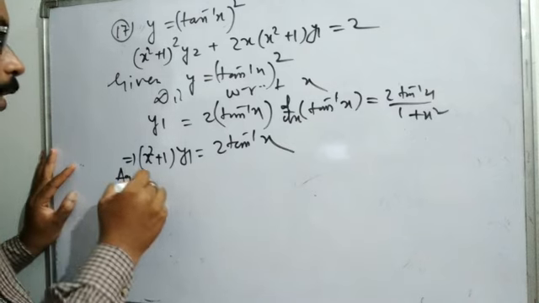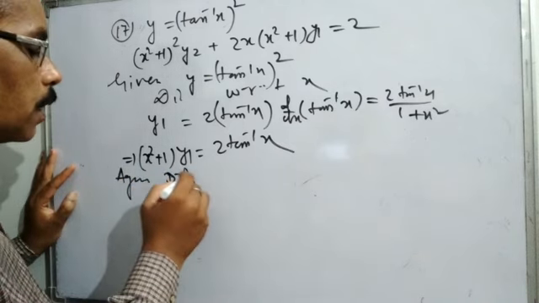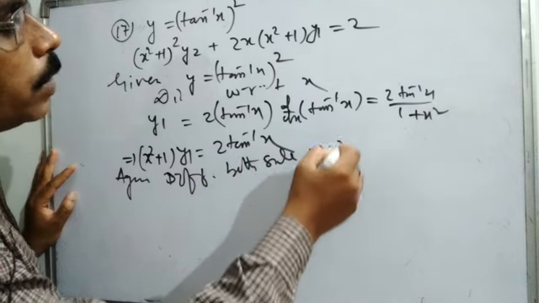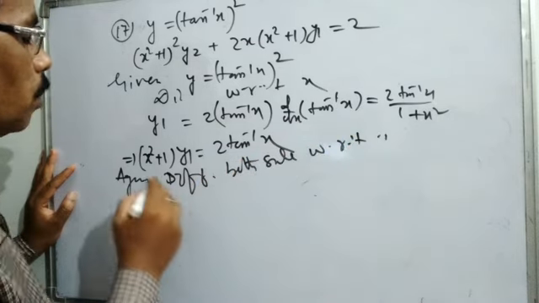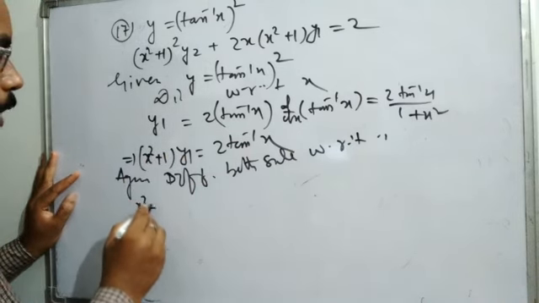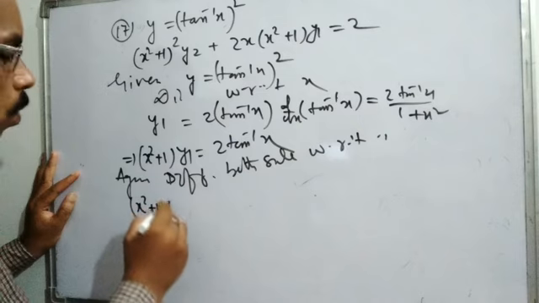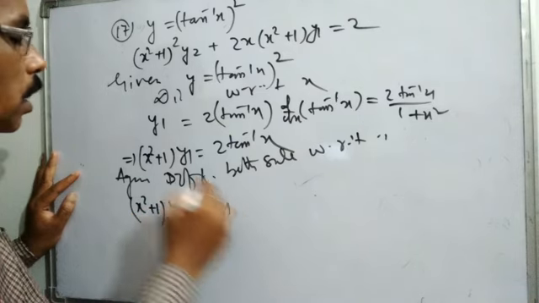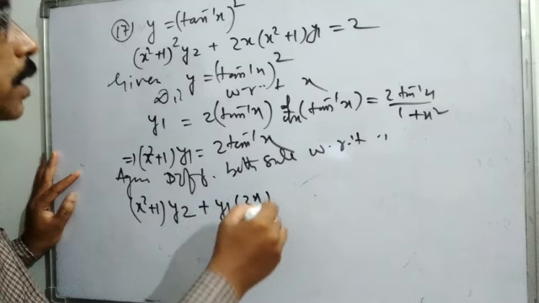Again differentiate both sides with respect to x. You have to use the product rule. Suppose x square plus 1 is constant, the derivative of y1 is y2; again y1 is constant, and the derivative of x square plus 1 is 2x.